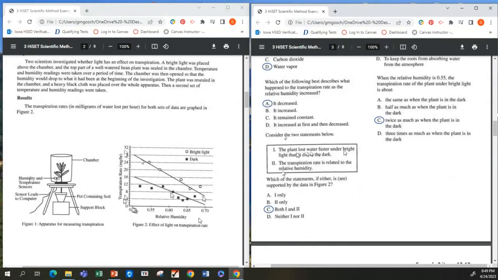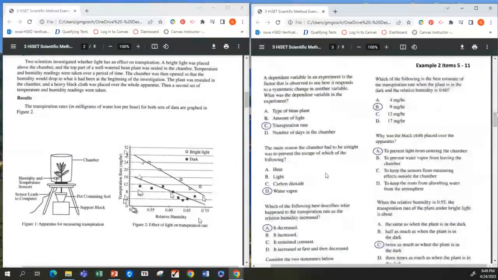Well, if it wasn't related, it would be the same measure all the way across, but we just commented that as the relative humidity increases, the transpiration rate decreases. So yeah, both of those are true. So which of the statements, if either, is supported by the data in figure 2? Both of these statements.